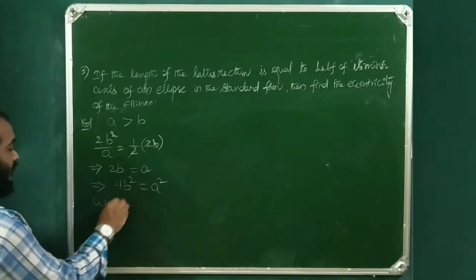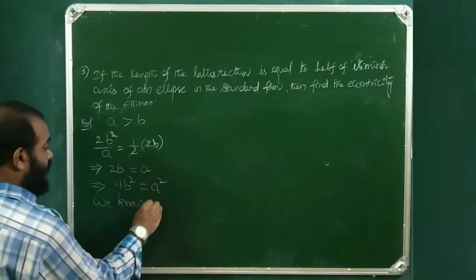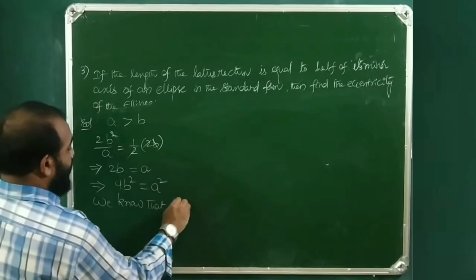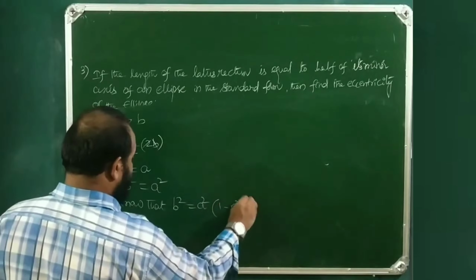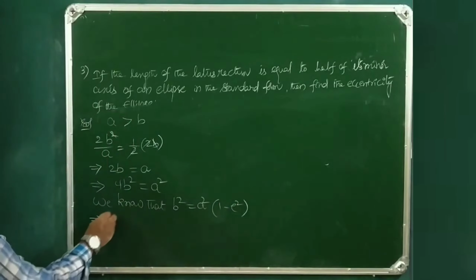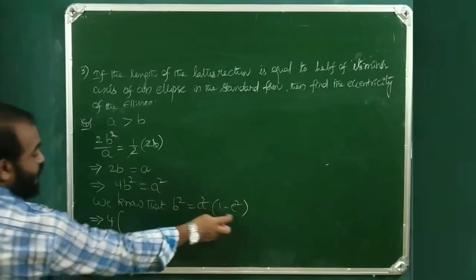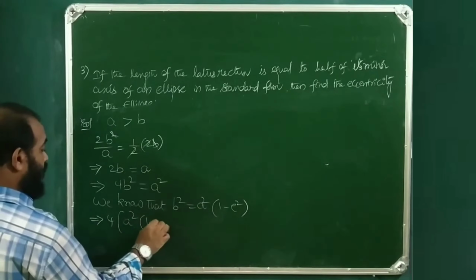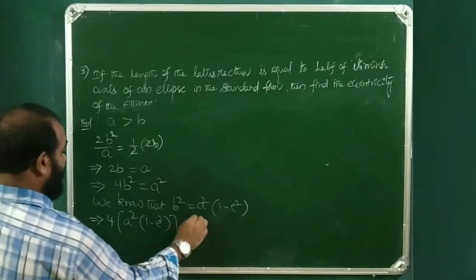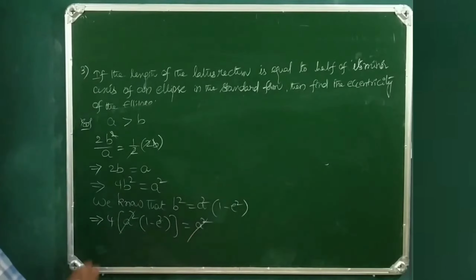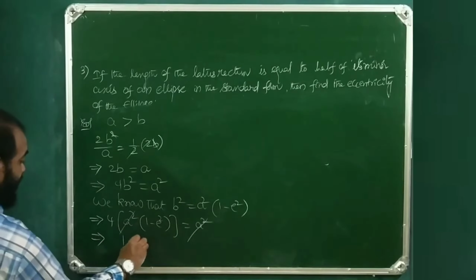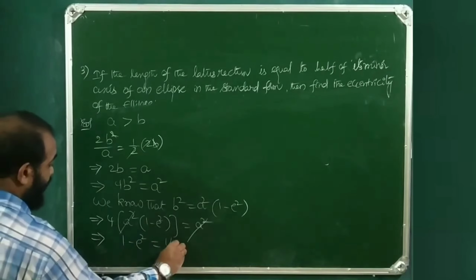We know that b square is equal to a square into 1 minus e square. So 4 into b square is a square into 1 minus e square, which is equal to a square. So a square gets cancelled, and 1 minus e square equals 1 by 4.